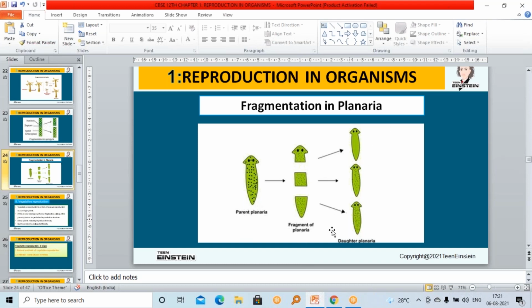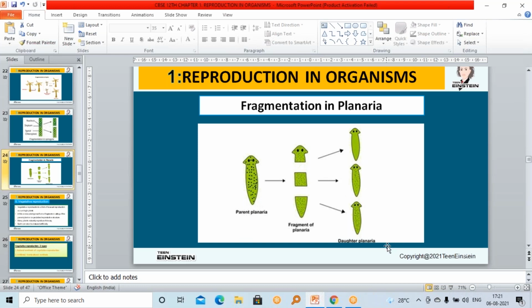So in the parental planaria, transverse constrictions will form, it will become separate parts, these parts will move away from each other, and each portion will form the remaining parts of the body and become a complete organism. So this is the procedure of fragmentation in planaria.